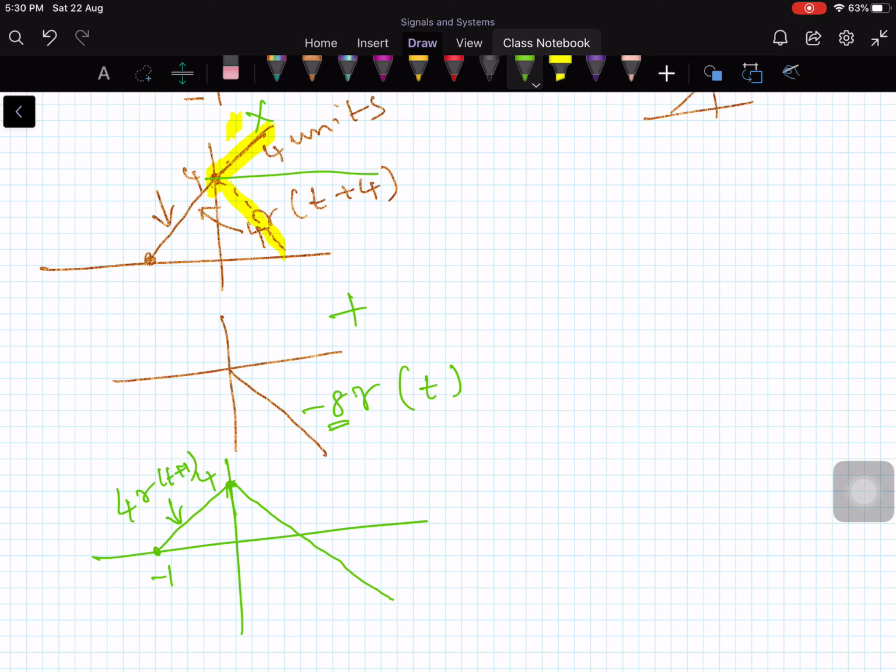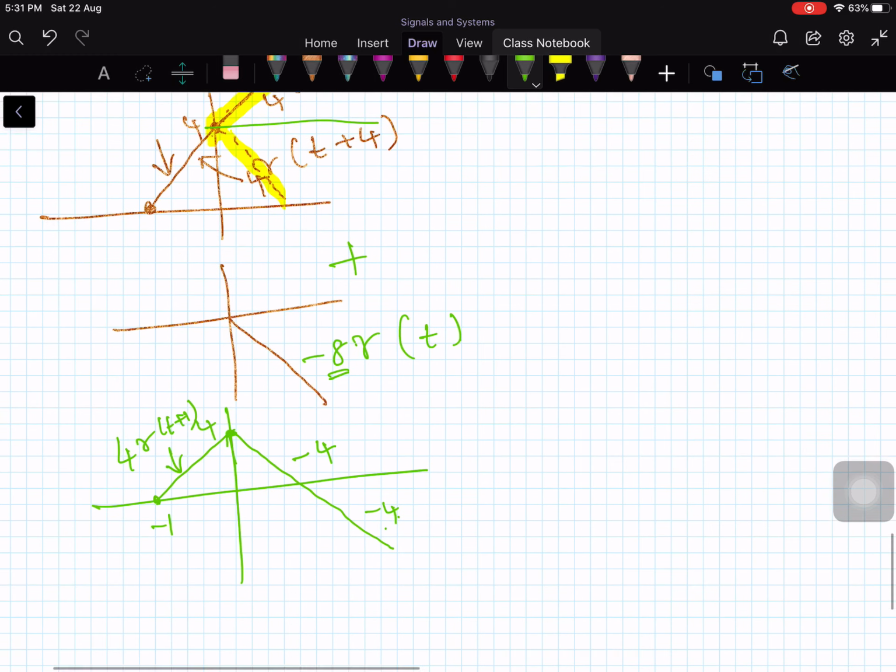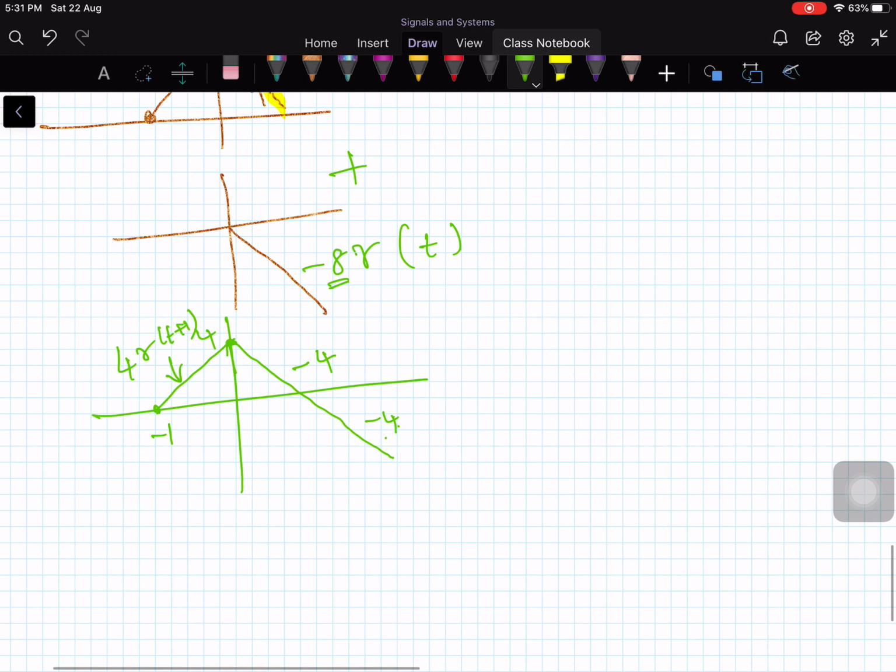Okay, this is minus 4 now, and this also minus 4. So now I want to bring this guy to 0. This is plus 1. I want to bring this guy to 0 after the plus 1 point. So what shall I do?